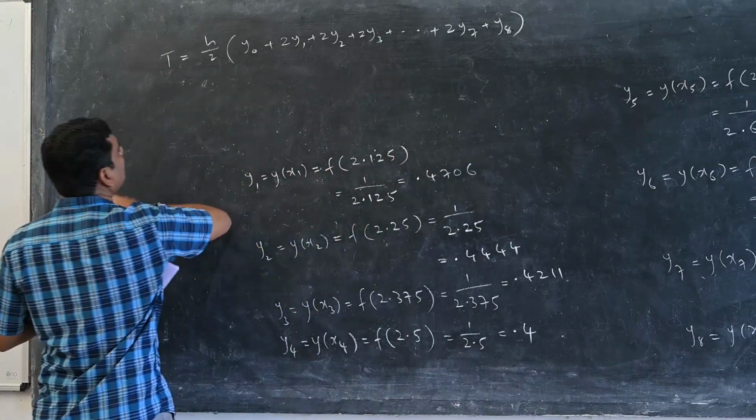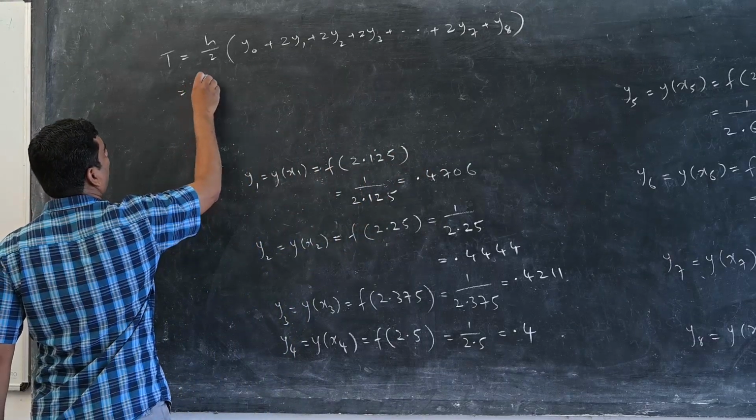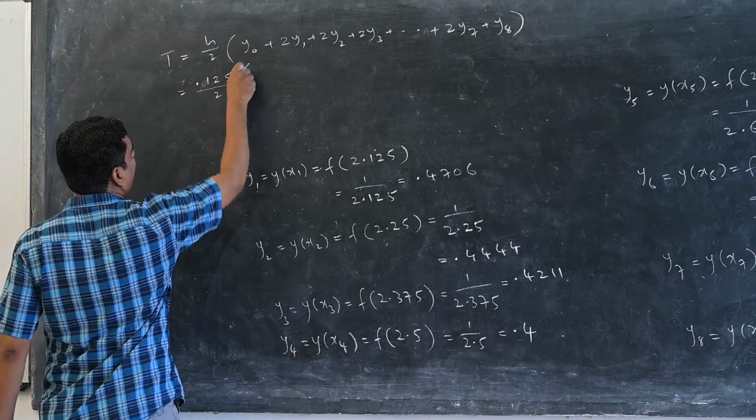So this is equal to h is 0.125, 0.125 divided by 2 into.